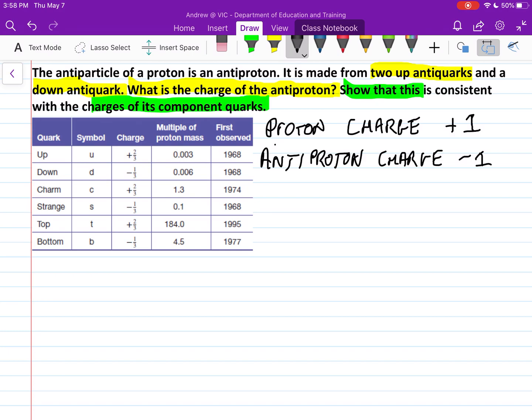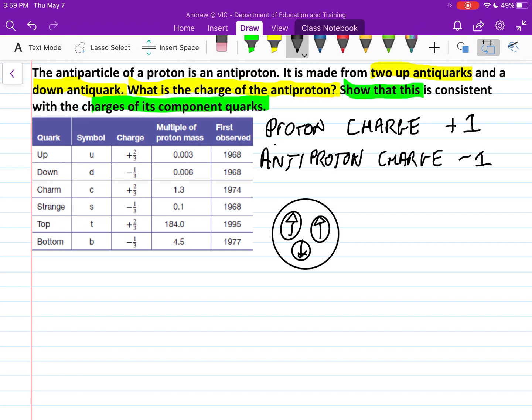Alright, so now we just need to show this is consistent with the charges of its component quarks. So this just means that we need to put together the quarks that make it up. I was just drawing here, we've got 3 quarks in it, and it says it's made of 2 up antiquarks and a down antiquark.